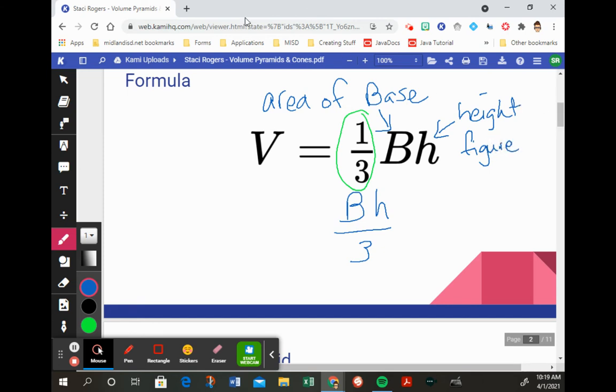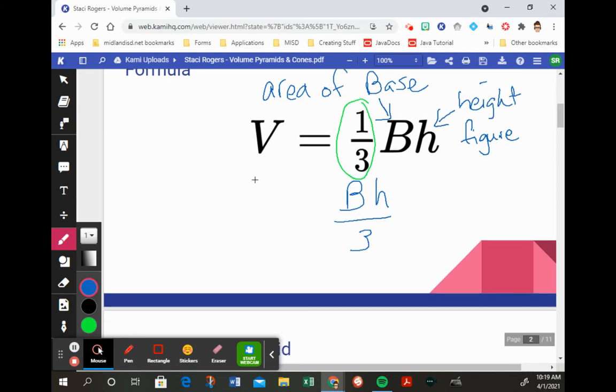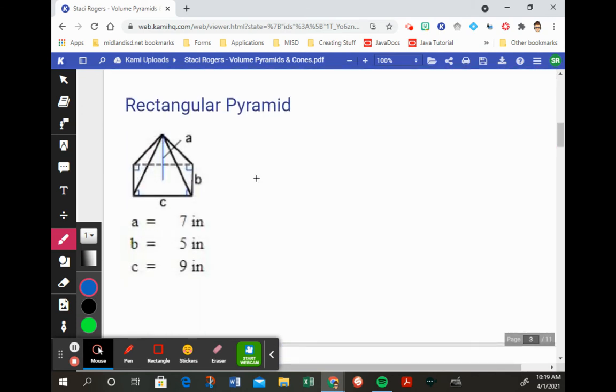All right. So let's look at some examples. A rectangular pyramid. First thing we want to know is that it has a rectangle in it. So I look at my shape. I see triangle, triangle, triangle, triangle.